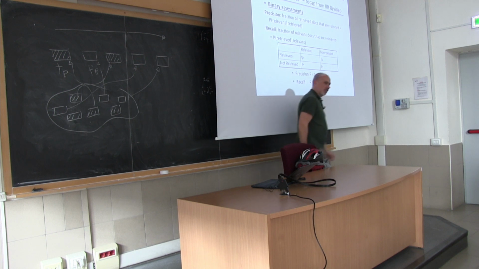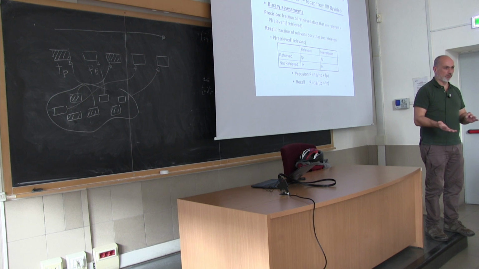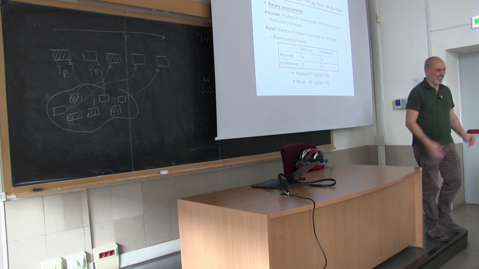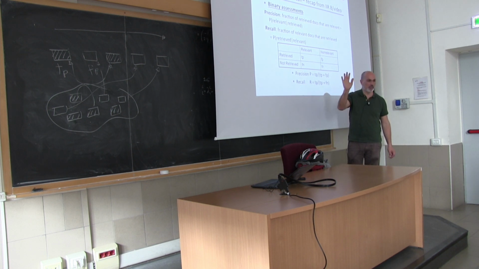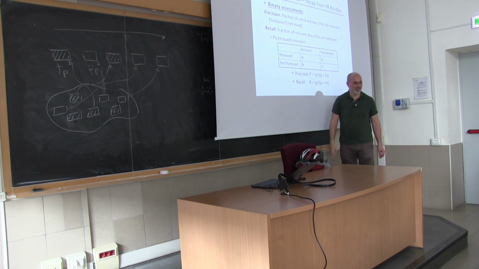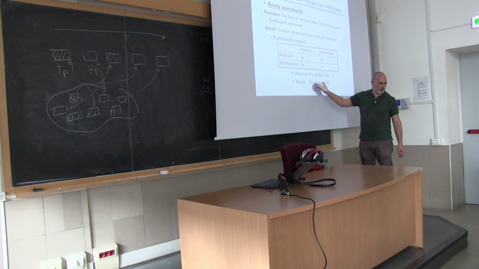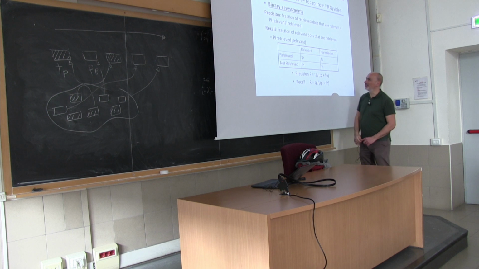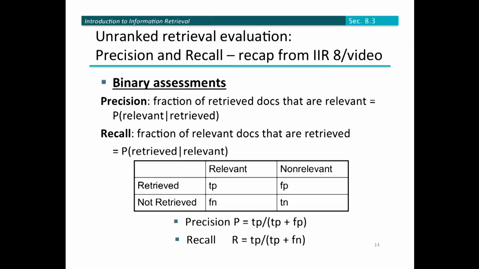If you have trouble remembering the difference, because people sometimes confuse recall and precision, if you think of them in terms of conditional probabilities, it's clear. It's a statistical probability, not a true probability distribution; it can be defined as a statistical distribution. So, if you think about the fraction of retrieved documents that are relevant, what is it?